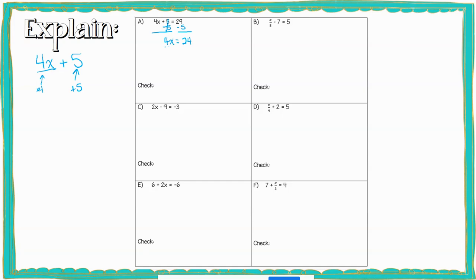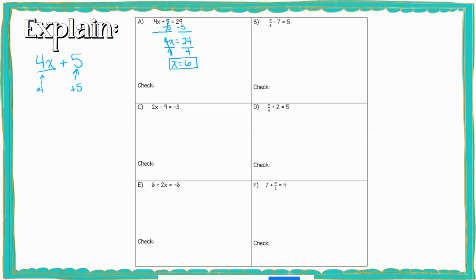The inverse of multiplying by 4 is dividing by 4, so I am going to divide by 4 on both sides of my equation. My 4's will cancel because 4 over 4 leaves me with 1, and 1x is just x. And then 24 divided by 4 is 6. So that means that x equals 6.